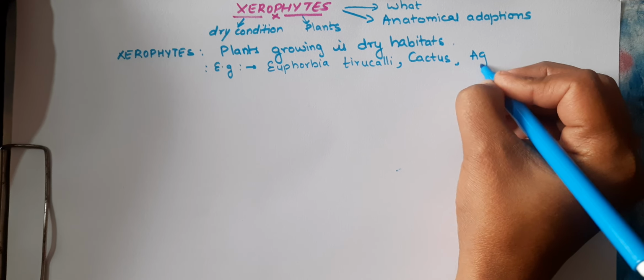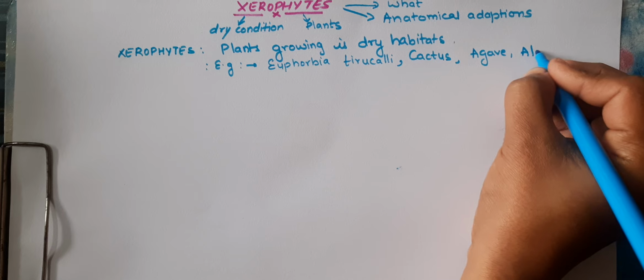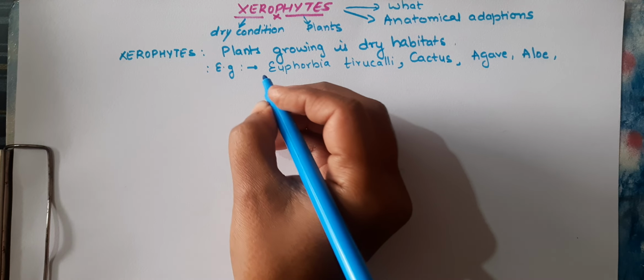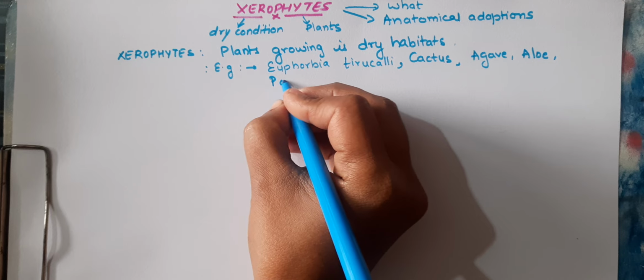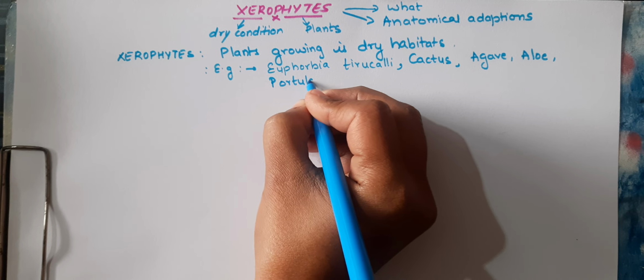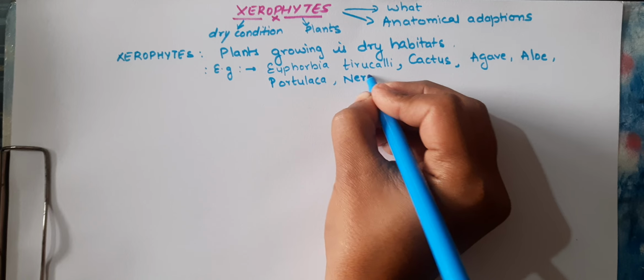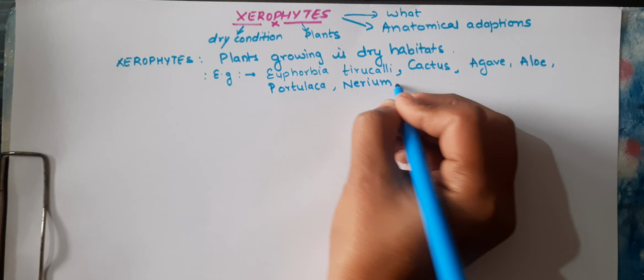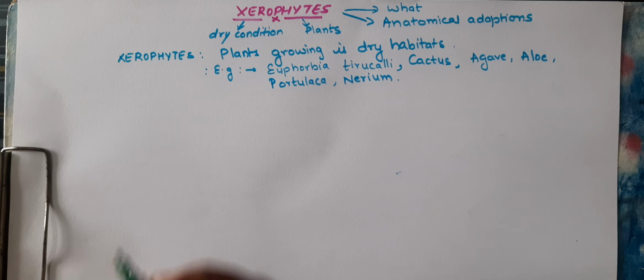Agave, okay. Aloe, that is aloe vera, it is also a kind of xerophytic adaptation. Portulaca and Nerium, okay. So these are a few examples of xerophytes, the plants that are growing in the dry habitats, okay.